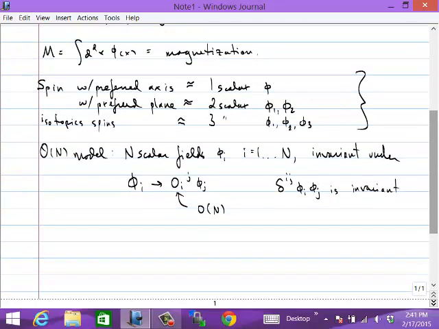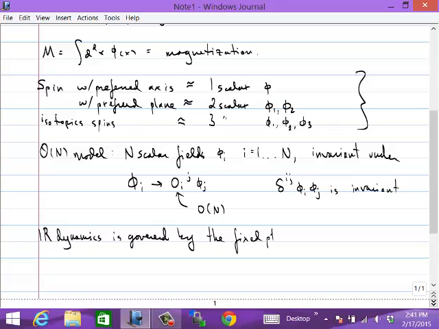But the point is that the low energy physics is determined by the endpoint of some renormalization group flow.